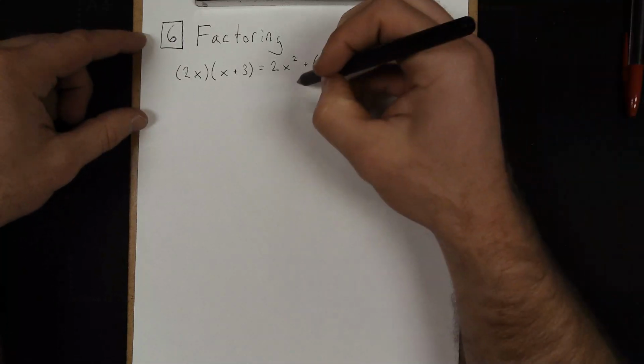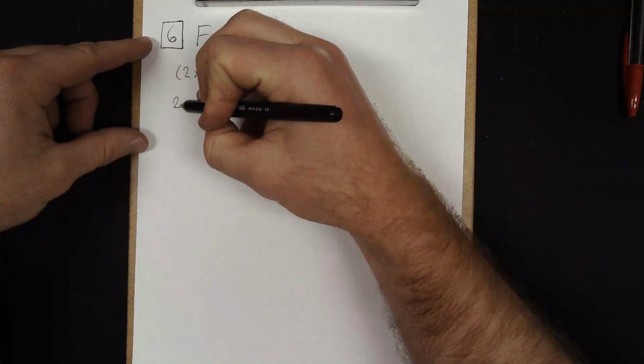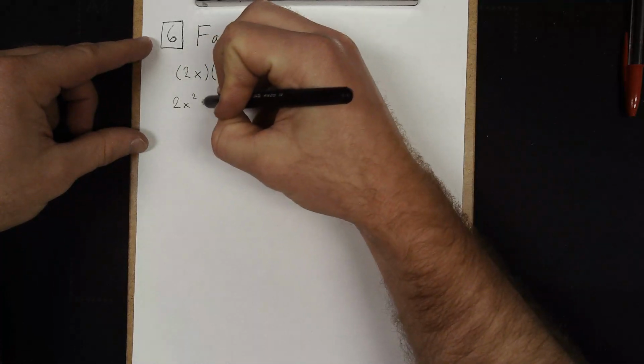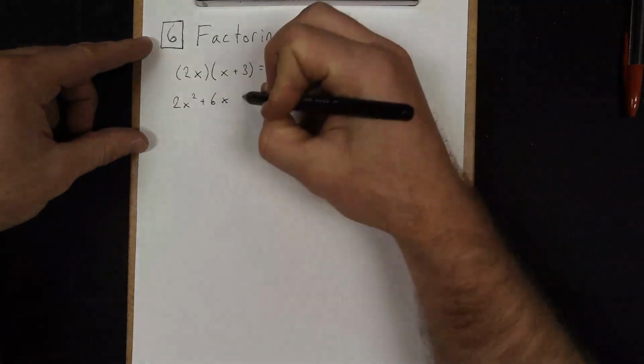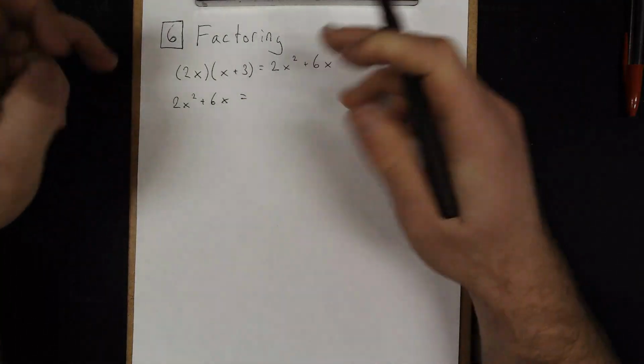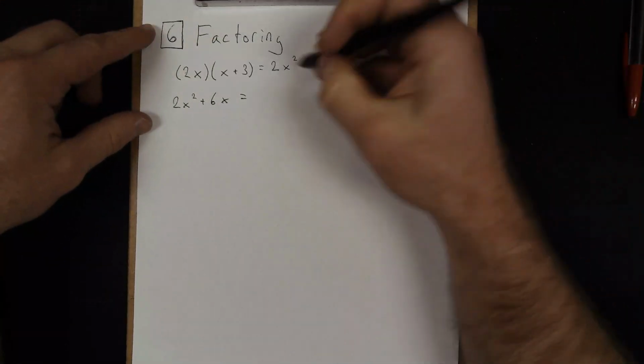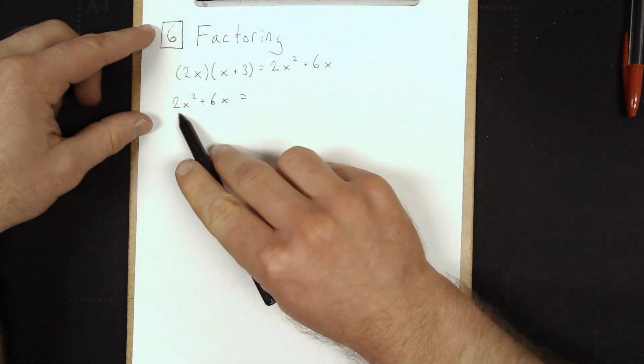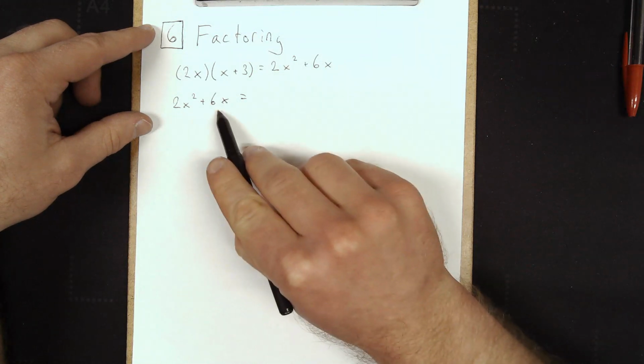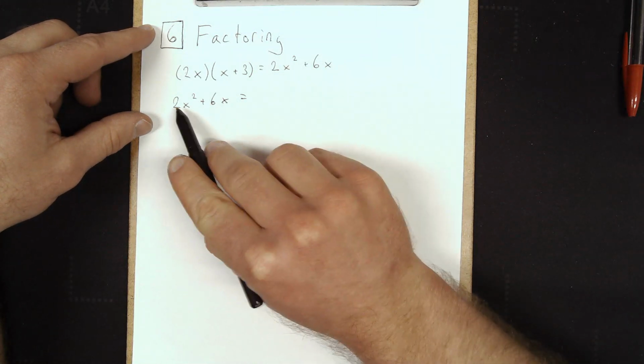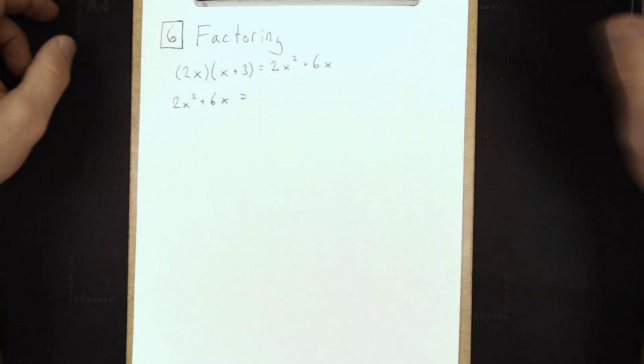Now we're going to start with this, and we're going to break this down or factor it. If I look here, I'm trying to figure out what these two terms have in common.